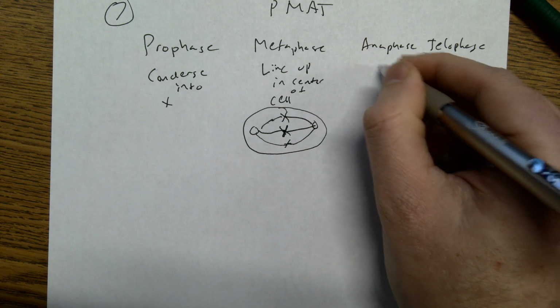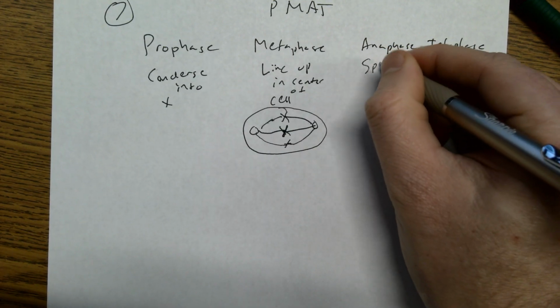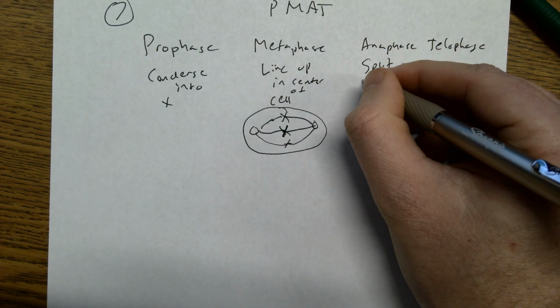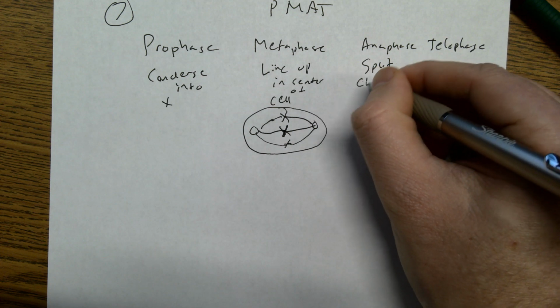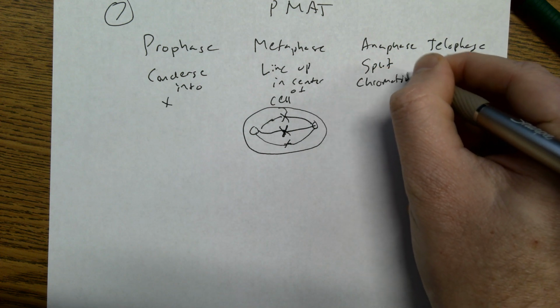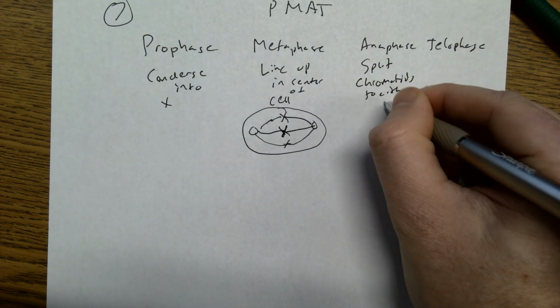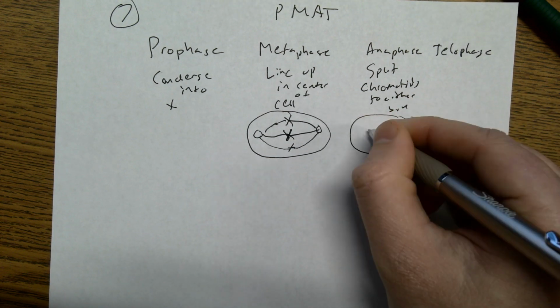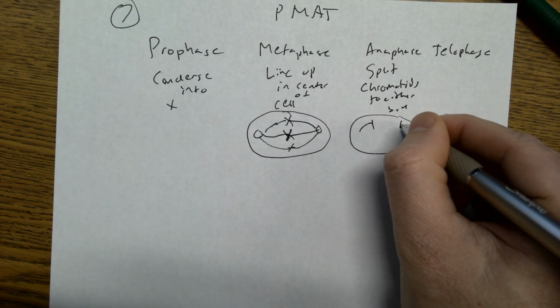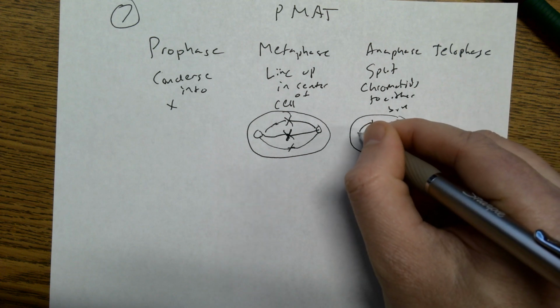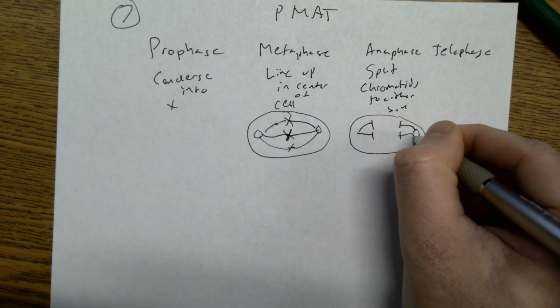Then for anaphase, you split them, and you break that connection. So you take your 2 chromatids, and you split the chromatids, 2 at either side. So it looks like this. You're dragging them to either side. You ripped it away from its best friend.